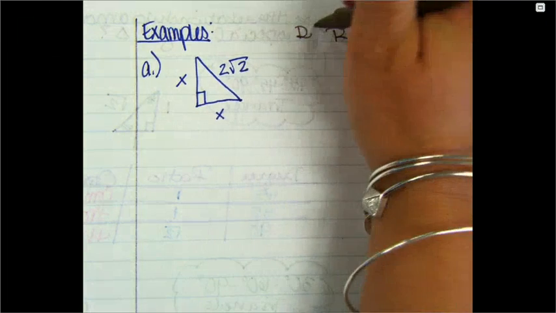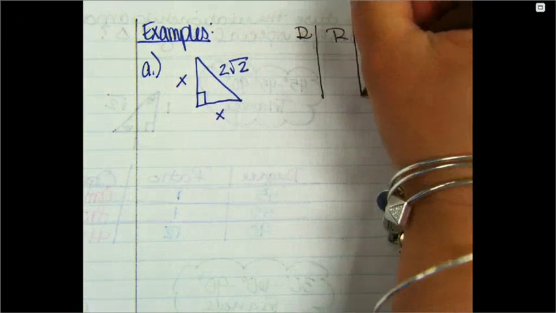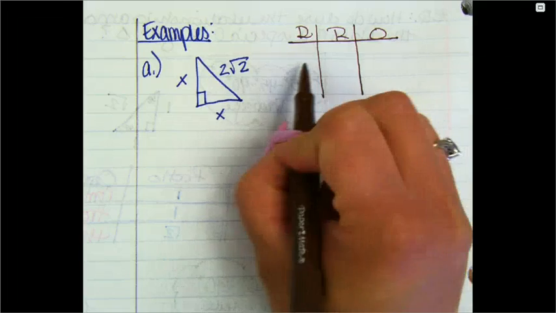Sorry, I forgot to tell you. We can just put D, R, N, O. If you wrote it out, it's fine.